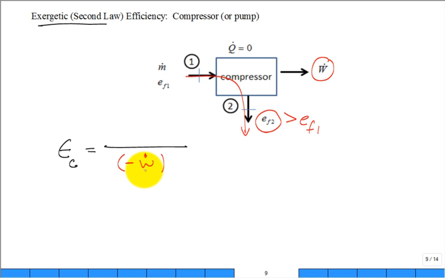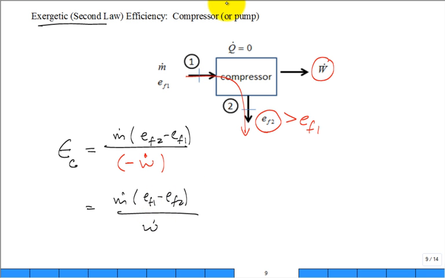I want something positive down there. Then I have the mass flow rate of the stream, m dot times EF2 minus EF1. Some people put m dot times EF1 minus EF2 divided by W dot, meaning that this term is negative, but also that difference is negative, which I thought was pretty insightful. It'll work.